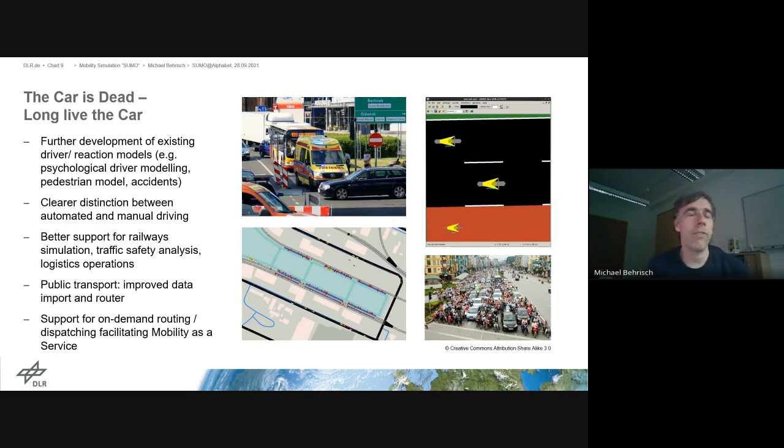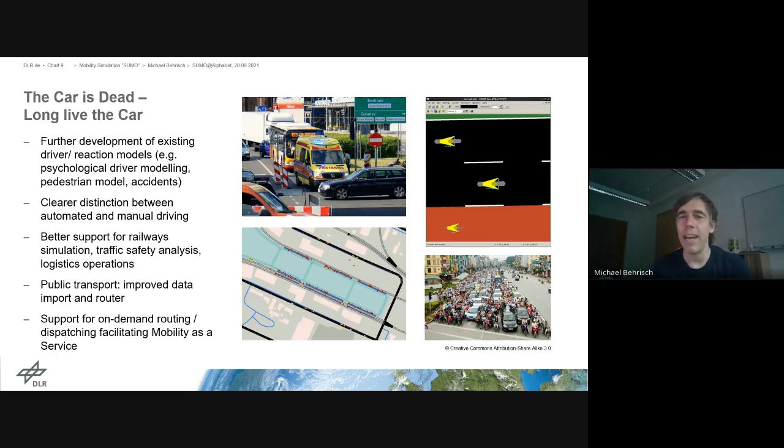One question we always get asked is, can SUMO model autonomous driving or automated vehicles? And in a sense, we always answer, yes, probably we can do this better than manual driving, because of course our cars follow a model much the way an automated vehicle does, and are less human than the human driver in a sense.